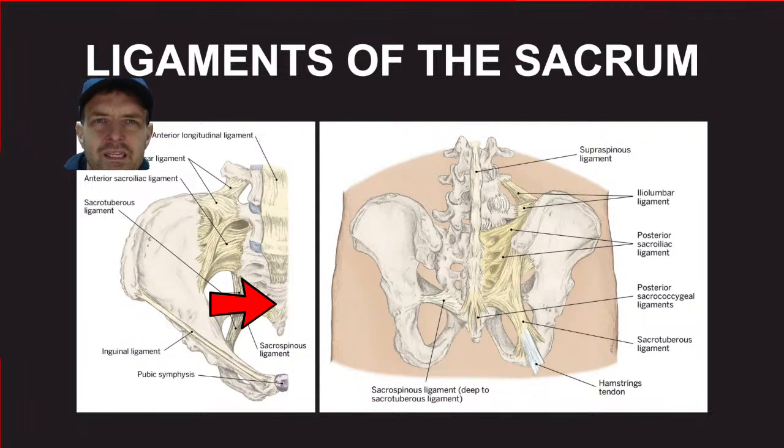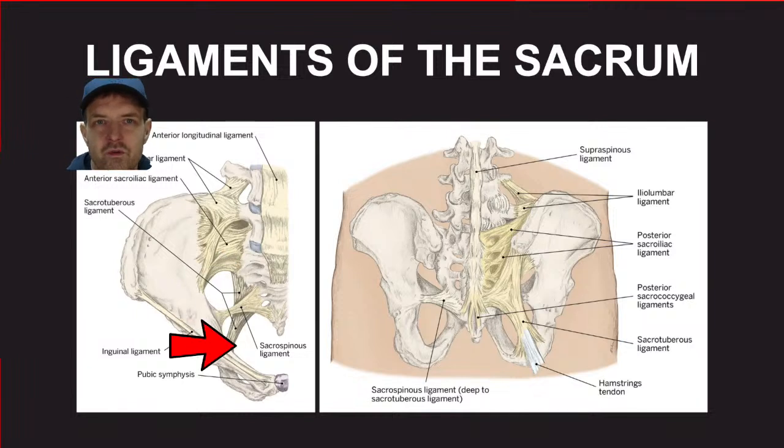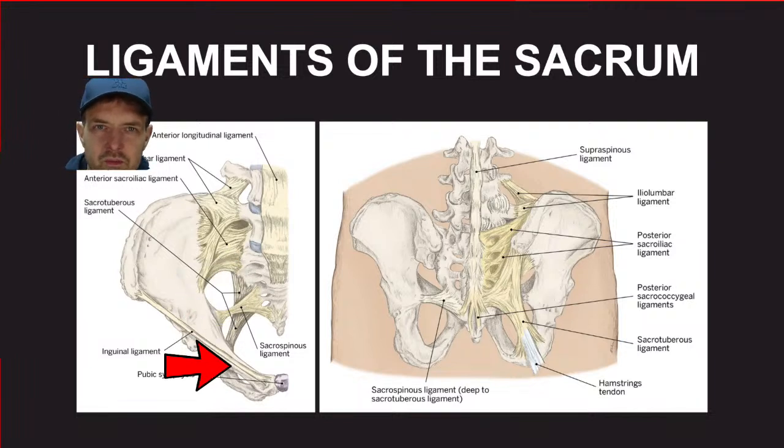And then we've got these here. So we've got the sacrospinous ligament. There's your sacrum. That little projection there is the ischial spine, so the ligament between there is the sacrospinous. And then we've got sacrotuberous. This one here, right at the back, goes from your sacrum onto your ischial tuberosity. So that's why it's sacrotuberous.